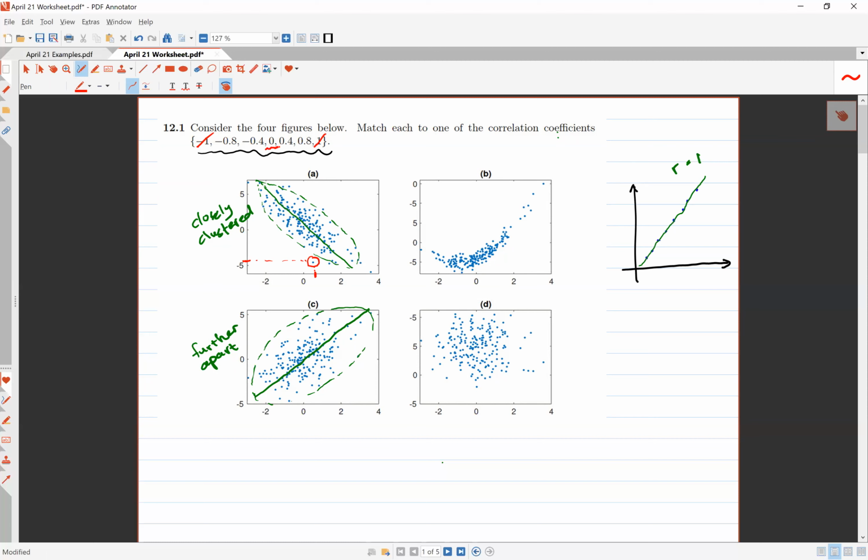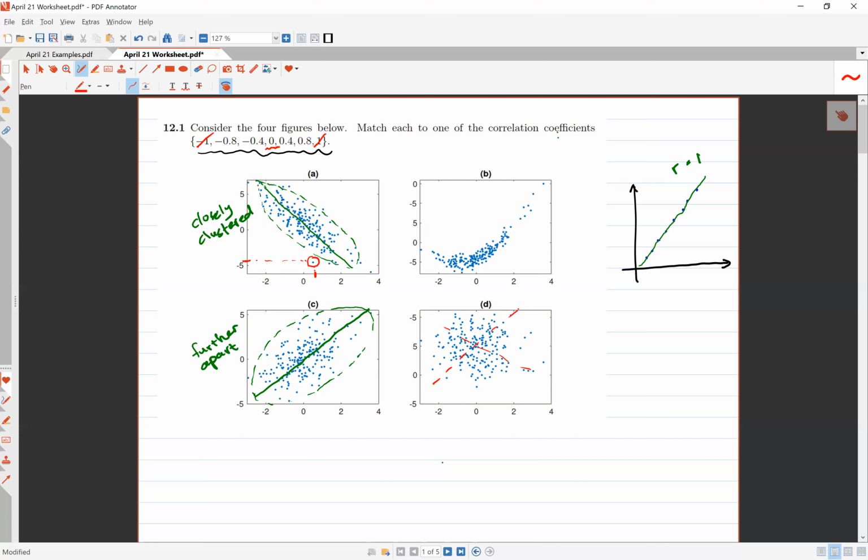0 corresponds to when there's no discernible trend, or perhaps you have something that looks like a trend, but it doesn't have a linear component. So I'll show you an example of that as well. But definitely in D here, there's no reasonable way to draw one trend line over another trend line.